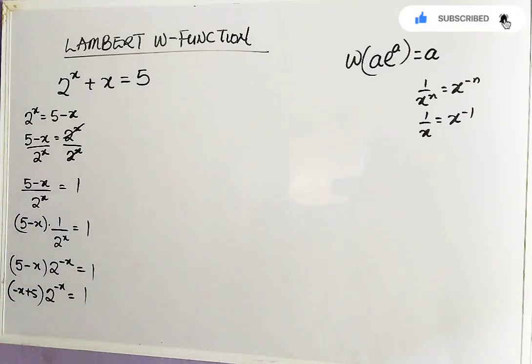Now looking at this, how do I add 5 to this exponent here? Because by adding 5 to this exponent, it will give the same pattern, that is, the coefficient will be the same as the exponent.